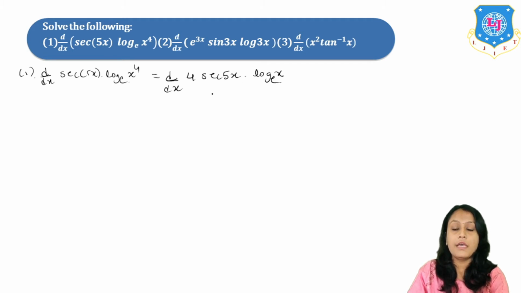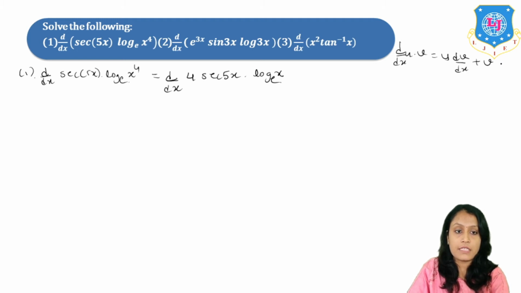Now we'll apply the multiplication rule. So what is the multiplication rule? u into v: first term as it is, derivative of second term, plus second term as it is, derivative of first term, right? 4 is a constant, we can take it out. So this is the first term, this is the second term. So first term as it is.